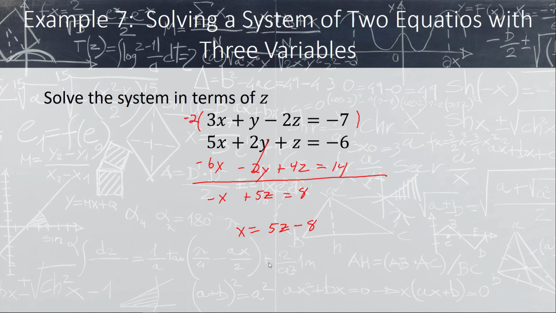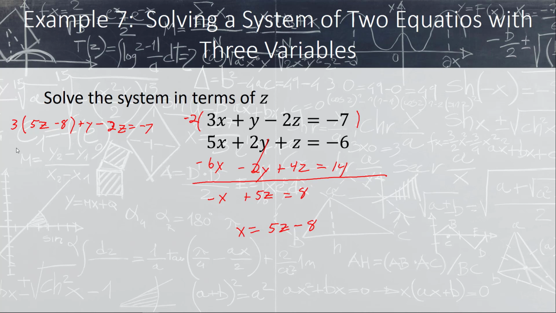Once I have that, I can figure out what y is, and I can use any equation I want, but let's go ahead and use the first equation. Here I will have 3 times x, which is 5z minus 8, plus y minus 2z is equal to -7. Okay, I can distribute here.